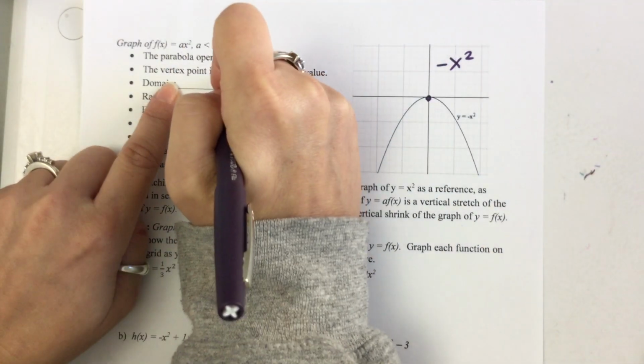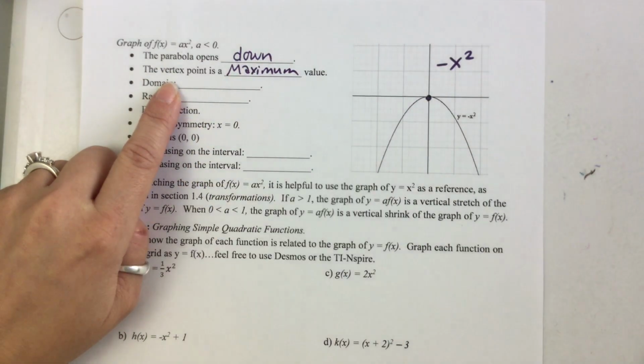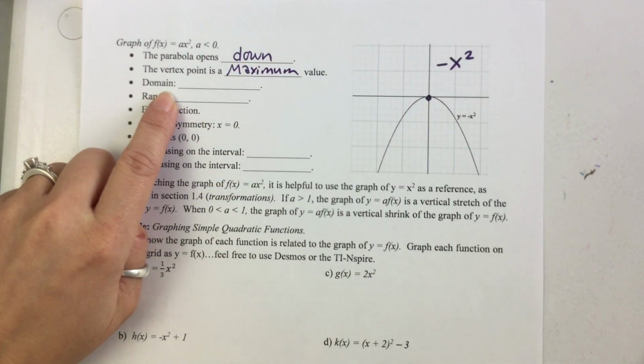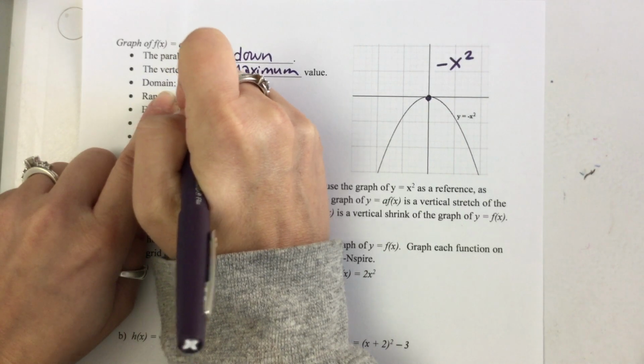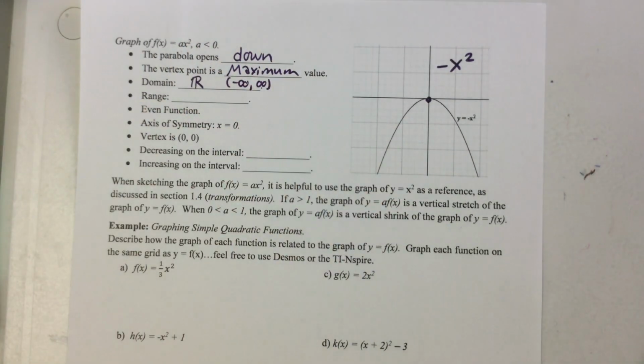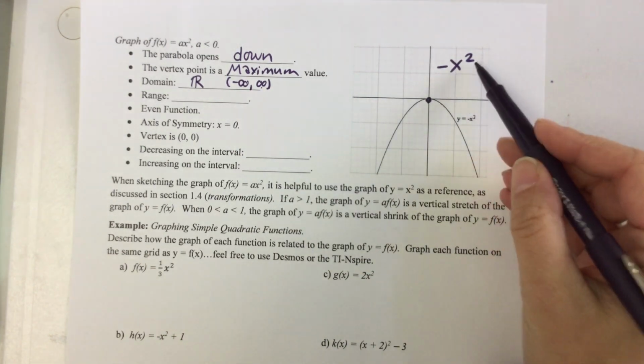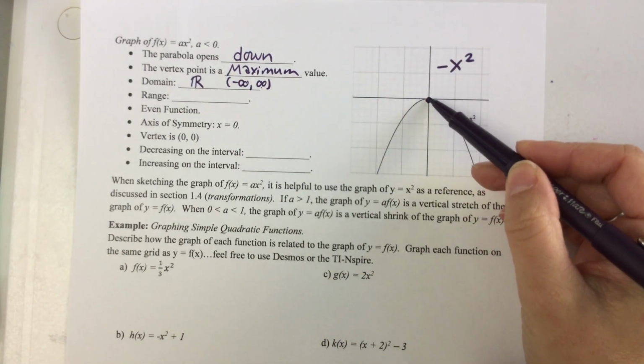At that point, your vertex is a maximum point because it's at the top of the hill. Your domain, guess what? This is still a quadratic, so your domain is all reals, which means you can have any x values from negative infinity all the way to positive infinity. Your range, if I'm looking at this graph in particular, negative x squared. Remember, your range is your y value.